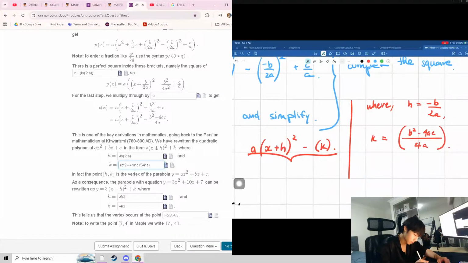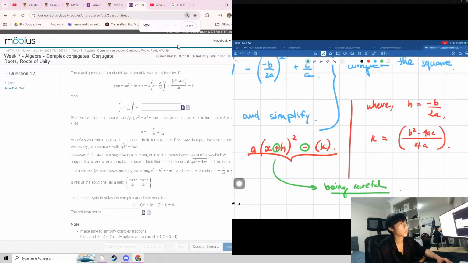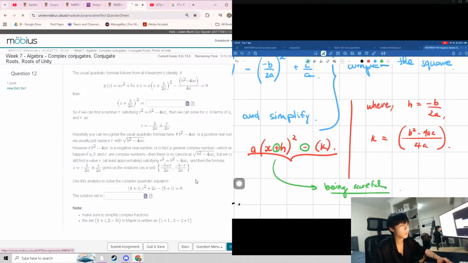And so, once again, being careful with these terms is a good idea. Oh, there's something that we got wrong back here then.